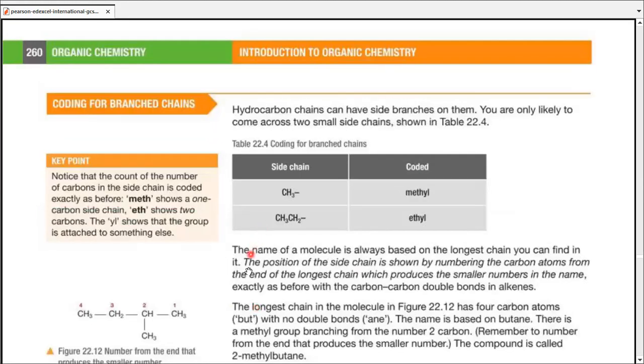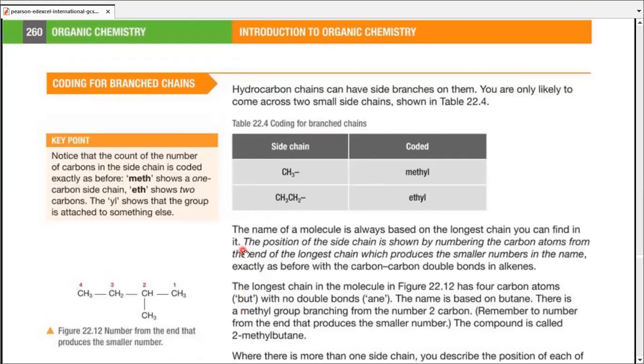So, coding for branch chains. We're going to go through all the codings first, and then we're going to combine them to see how the names form. So, coding for the branches. When it comes to hydrocarbon chains, they have side branches on them.